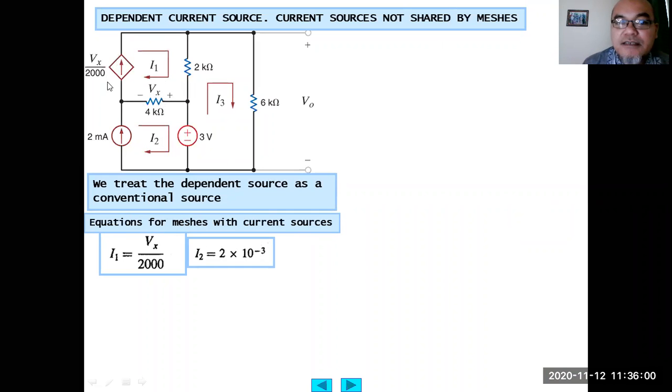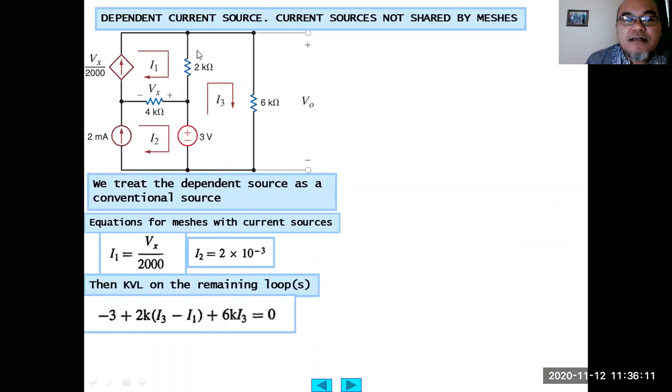Because we treat it as an independent current source. So I1 equals Vx divided by 2000. I2 here equals this 2 milliampere, okay? Then the KVL in this third mesh: minus 3 here, plus I3 minus I1 times 2K, then plus 6K times I3.